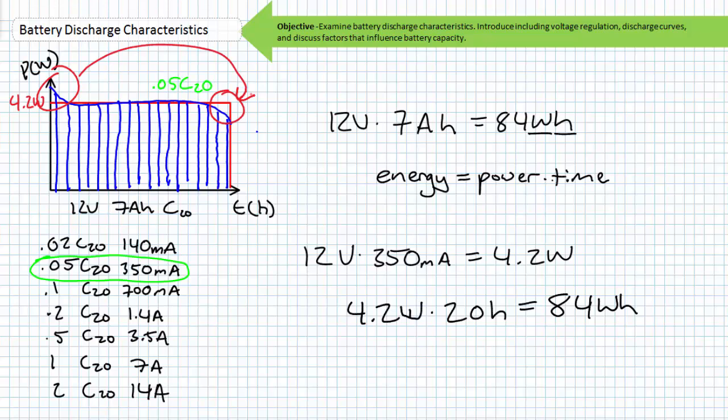If you take your scissors out and cut off the top left and stick it on the far right side, you essentially get the rectangular approximation. Energy equals a quantity of power delivered over a period of time. 4.2 watts times 20 hours is 84 watt-hours.